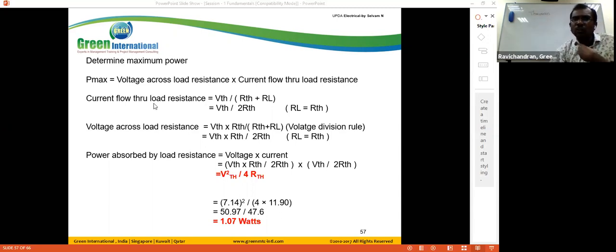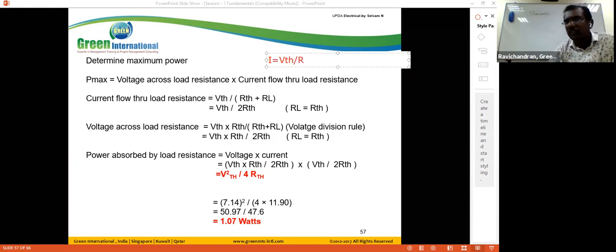First, we find the current flowing through the load resistance. The formula is I equal to V divided by R. Here, instead of V, I put VTH, and instead of R, in the simplified Thevenin circuit we have two resistances, the Thevenin resistance and the load resistance.